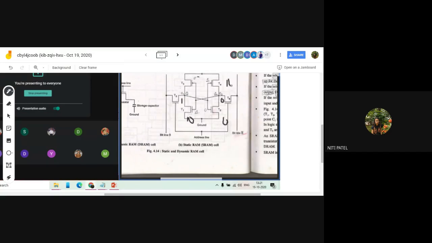This is 0. This is 1. And this is also 1. Now see, when C1 is 1, what is getting transmitted to T2? It is 1. Now when C1 is 1, what is getting transmitted to T4? It should go 1, but since I have an inverter, it is getting transmitted as 0. Yes or no?